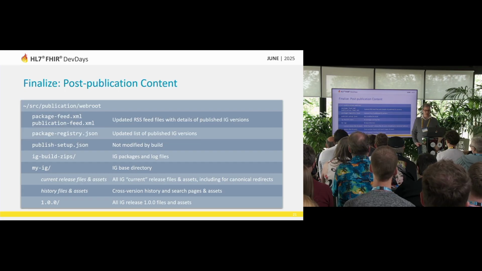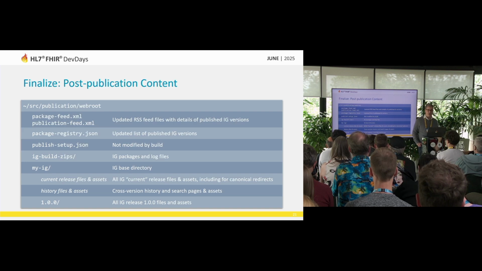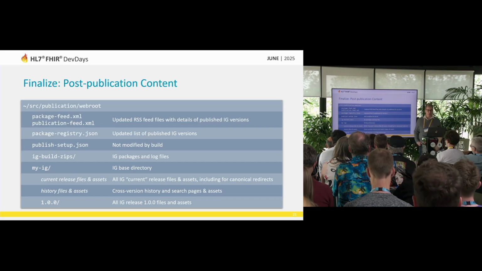And in this directory are also the generated history and search files, as well as the asset files to support them. Underneath that, there's a directory for the permanent home of the IG you've just built. Again, it's got the standard IG files, including assets and redirect subdirectories, but there's no history in there. Any references to history point to the version in the directory above.